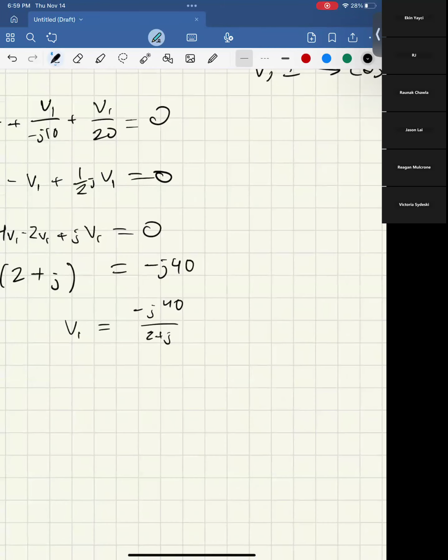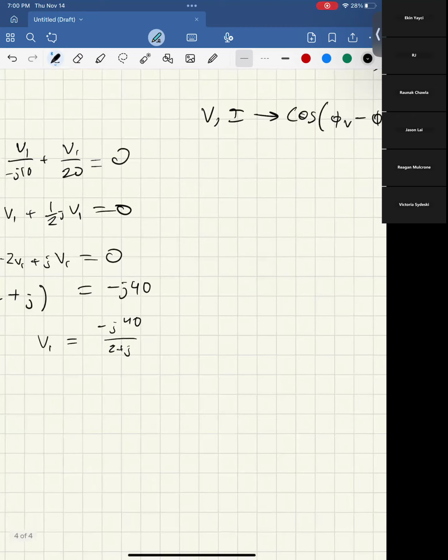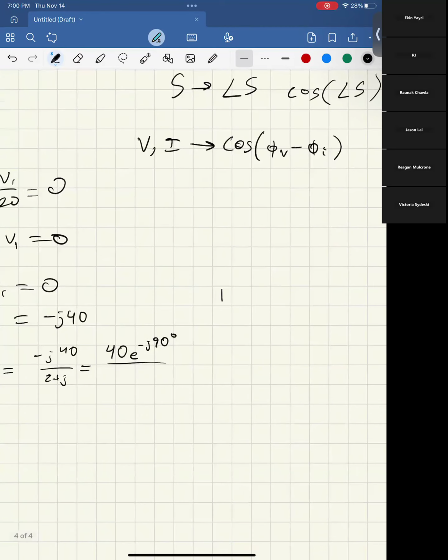Okay, so moving on. If we want to simplify this a bit, this can be written as, there's probably a better way to do this, but this way works fine. So this is e to the negative j90 over 2 plus j. That's going to be tangent inverse of 1 over 2. Tangent inverse of 0.5 is, oh no, that's not a nice number.